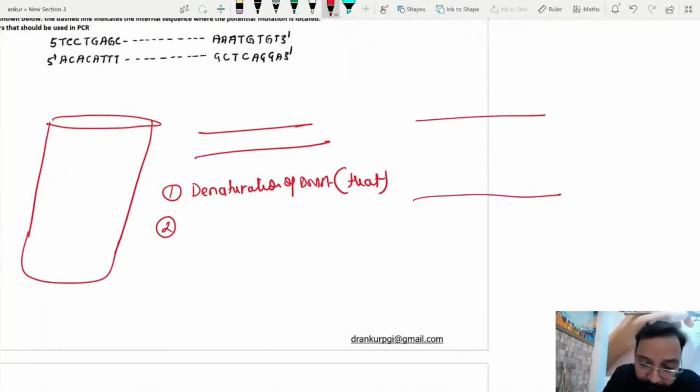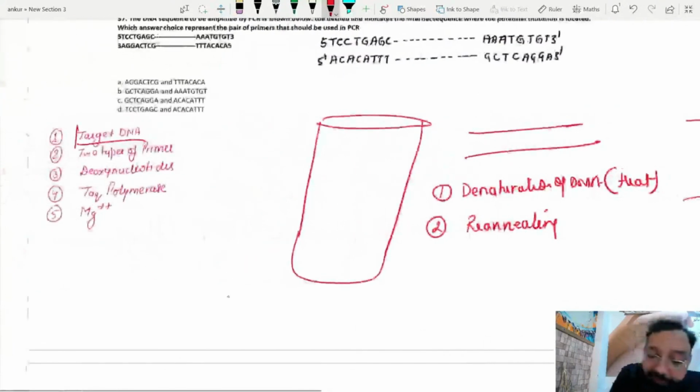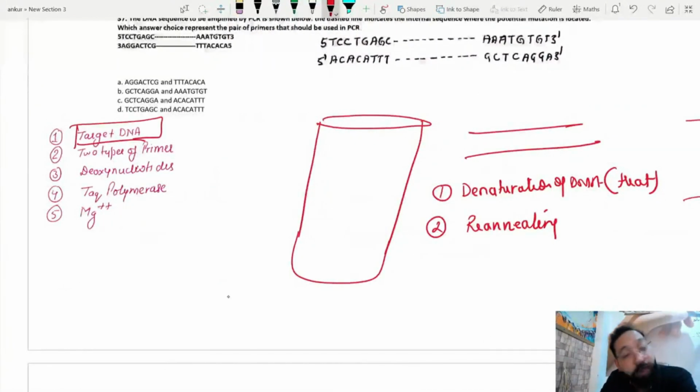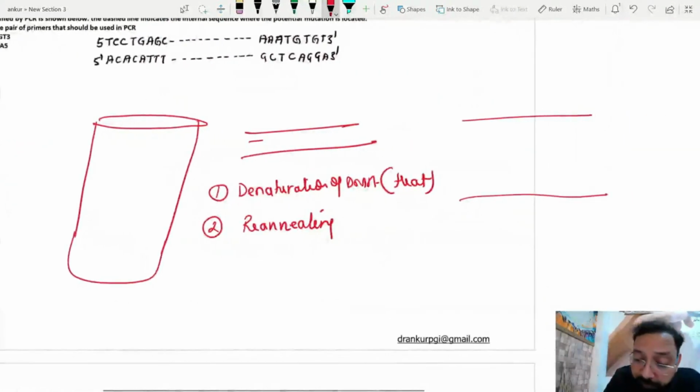Second thing, you will do re-annealing. What does it mean? First thing, you added DNA of interest which is to be amplified. Second thing, you will add two types of primer. How many primers? Two types of primer. One primer for this strand, one primer for this strand.